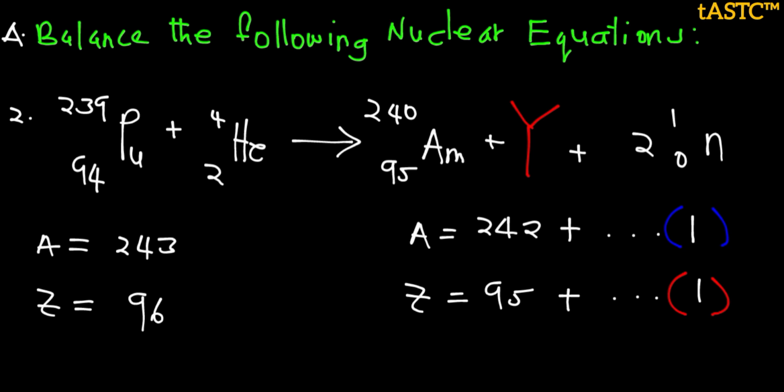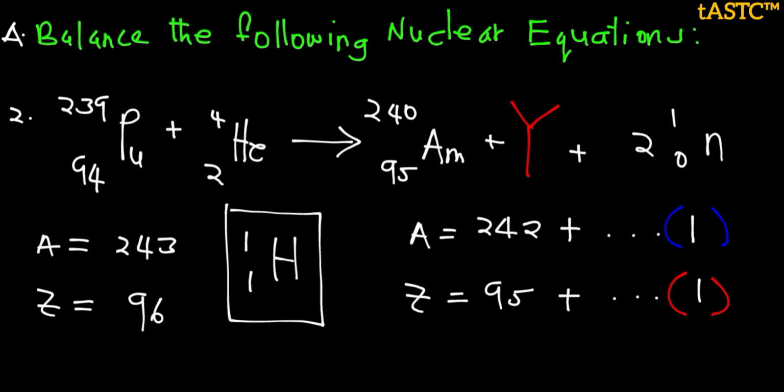So you're looking only for the symbol that carries this. So if we have 1, 1, and Y, what do you think is that symbol that carries a 1 as the mass number and as the atomic number? So that is a proton. That is 1, 1, and a hydrogen. This is what you have.